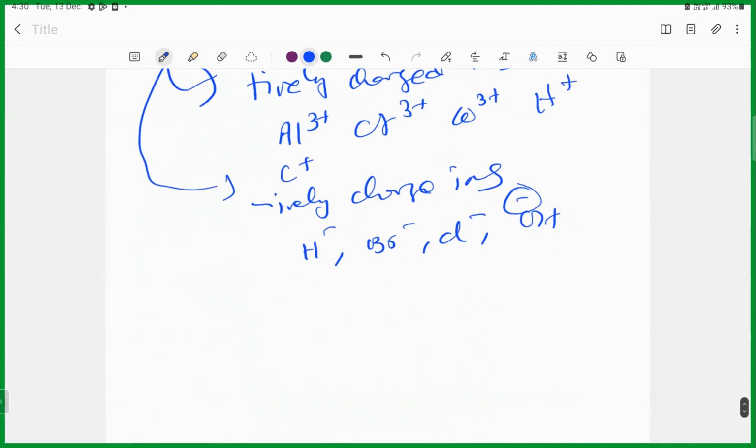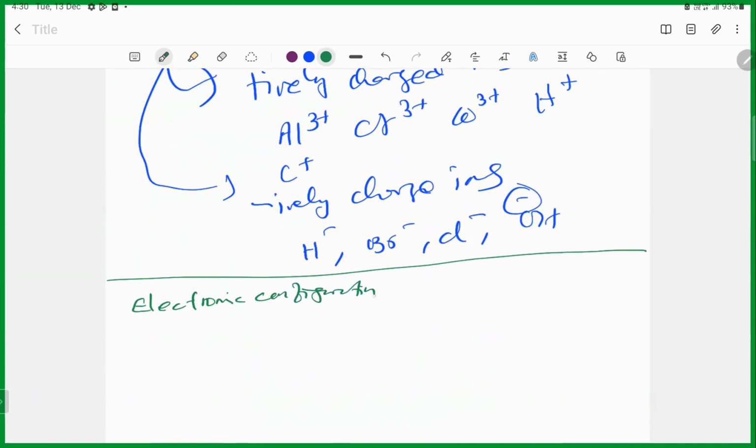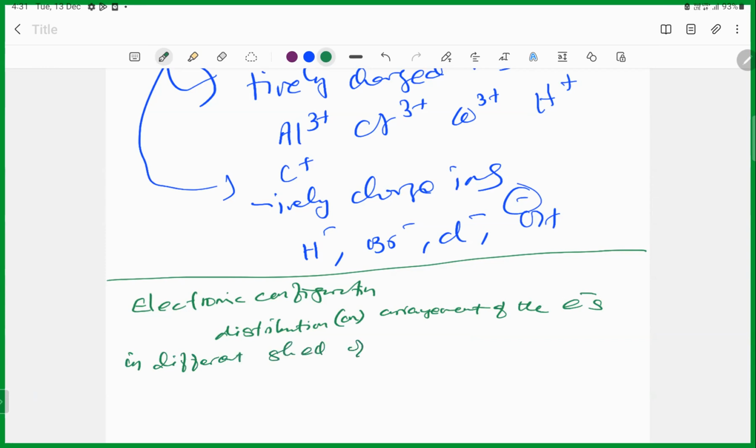So when you are considering electronic configuration, what is electronic configuration? The distribution or arrangement of the electrons in the different shells of an atom is called electronic configuration.